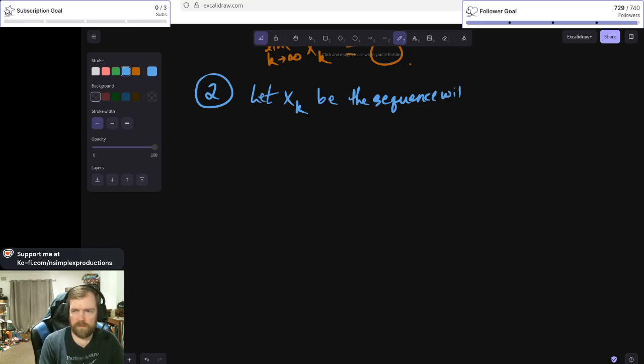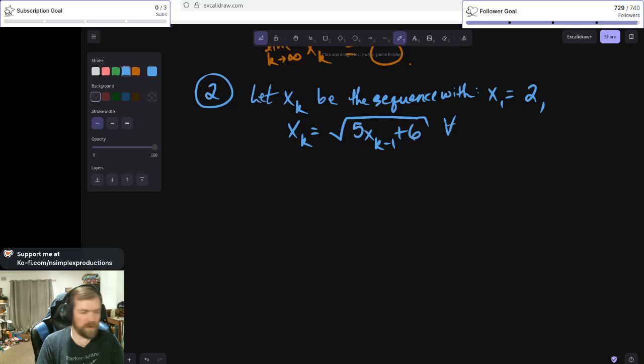Sequence with x sub 1 is equal to 2, and x sub k is equal to square root of 5 x sub k minus 1 plus 6 for all k belonging to positive integers, except not 1.